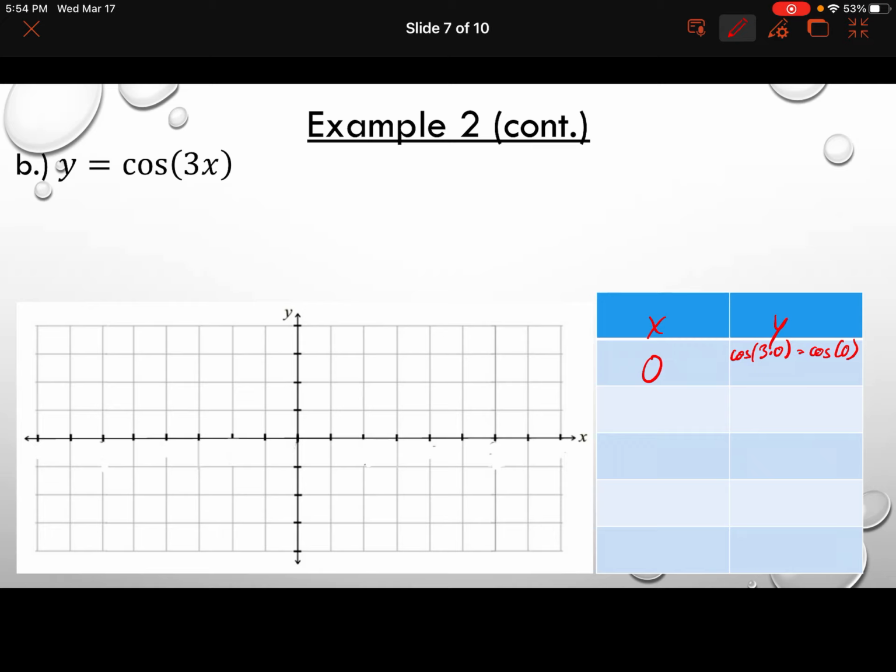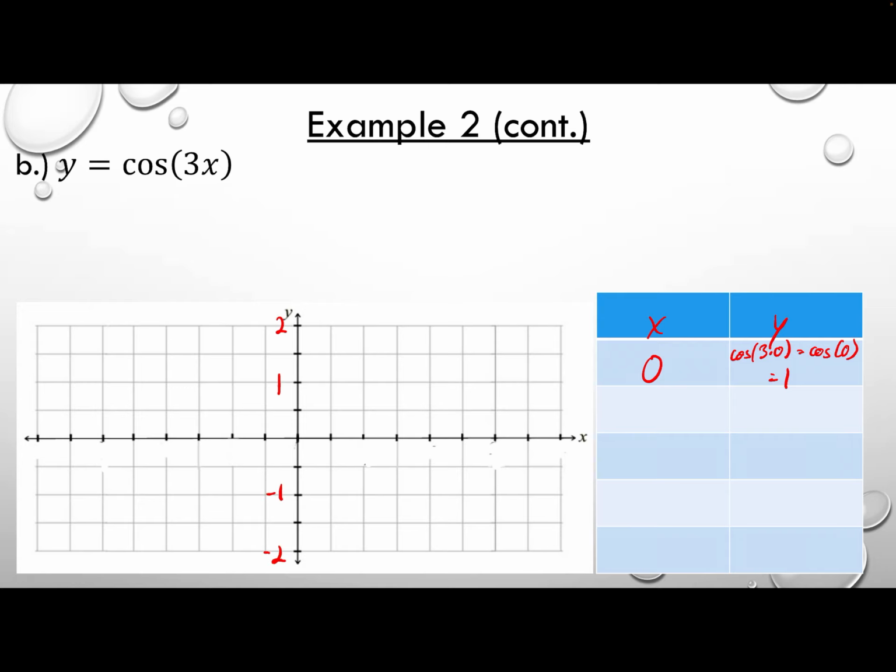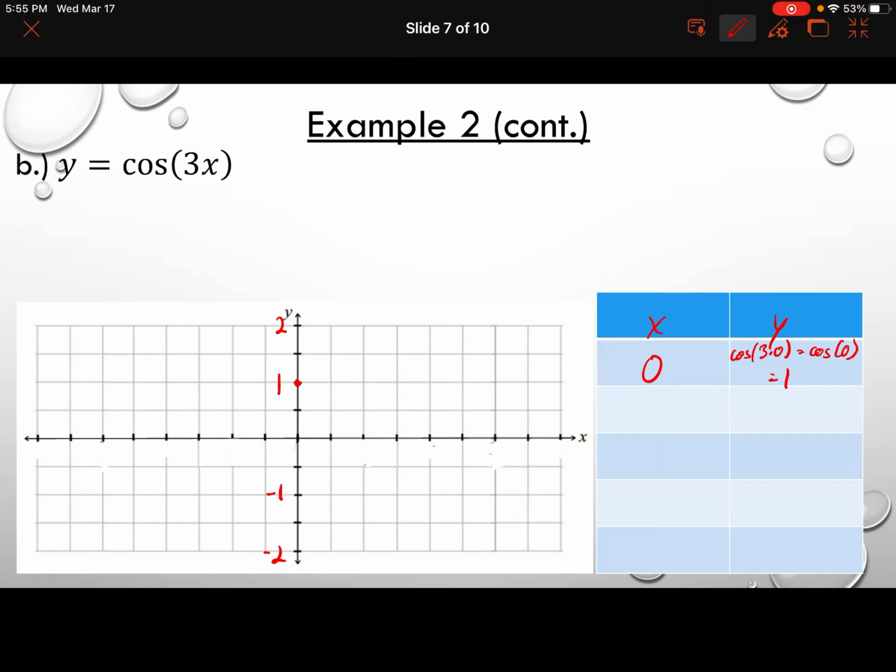And since cosine is the x value, you got to look at the x value for that point. So it's equal to 1. So our first point, and once again, I'm just going to label it the same way. Make this 1. So that's 2. That's negative 1, negative 2. So our first point is 0, 1.